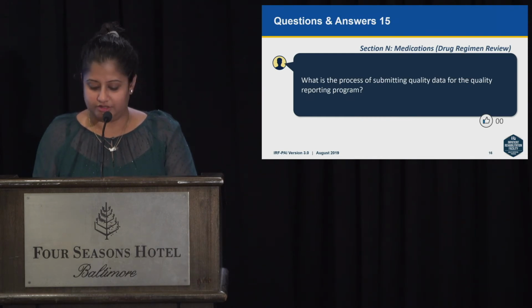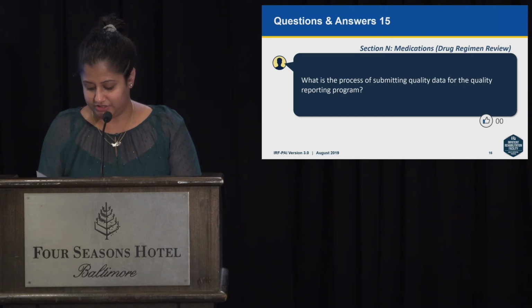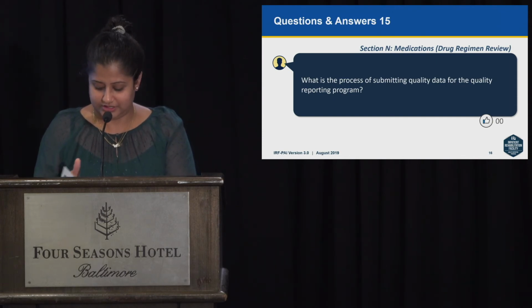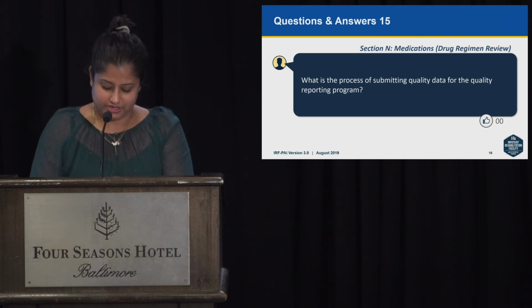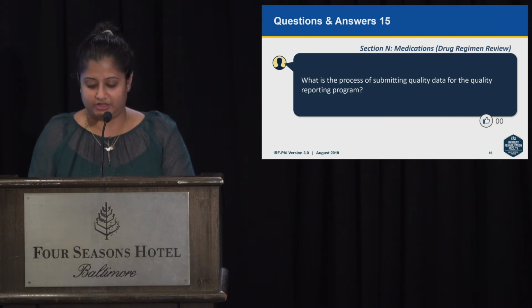The next question, what is the process for submitting quality data for the quality reporting program? Data for the IRF-QRP measures are collected and submitted through 3 methods: the Inpatient Rehabilitation Facility Patient Assessment Instrument, or the IRF-PAI, the Centers for Disease Control and Prevention, or the CDC, National Healthcare Safety Network, that's the NHSN, and Medicare fee-for-service claims.